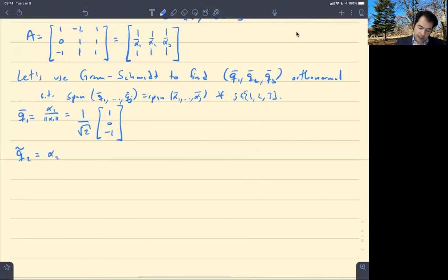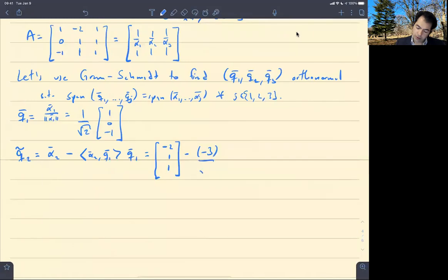Q2 tilde is going to be alpha 2 minus the inner product of alpha 2 with Q1 multiplying Q1. So here that would mean minus 2, 1, 1. That's alpha 2. And then this coefficient, alpha 2 inner product with Q1. Well, alpha 2 inner product with alpha 1 would be minus 3, and I'm just going to divide by square root of 2.